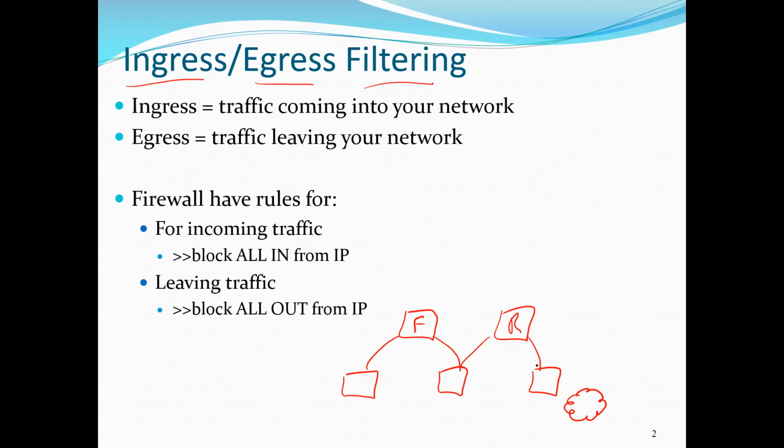Then we have domains of trust. This is the internal network, you can think of this as a DMZ, a physical DMZ. And this is the outside. Let's just say this is the web.